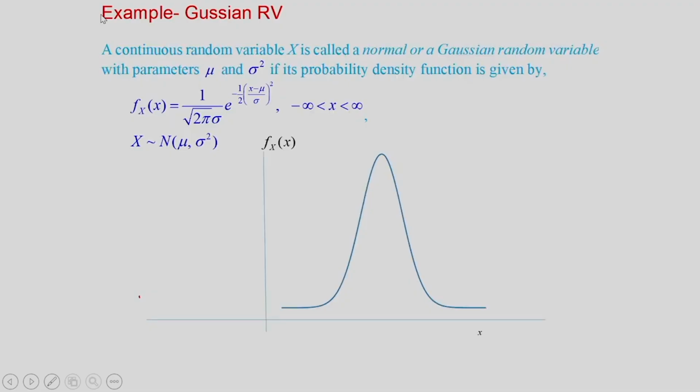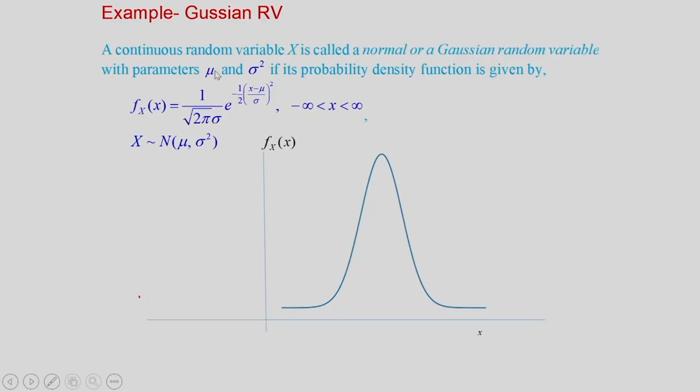We will give an example, Gaussian random variable or normal random variable. This random variable is the most important continuous random variable, and it is described by two parameters mu and sigma square, and the PDF is given by this expression.